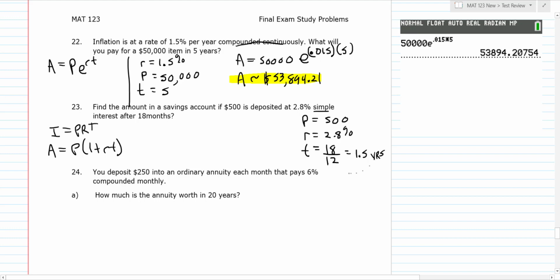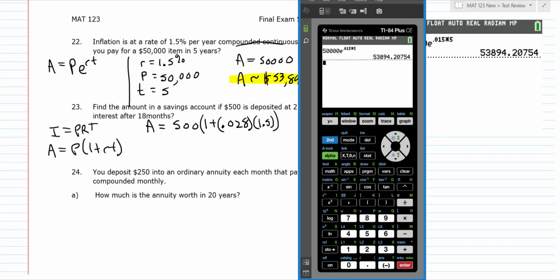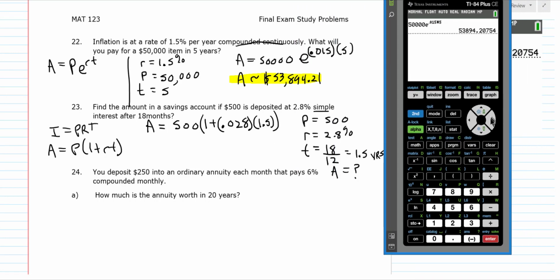Okay, we don't know what A is. So the best thing to do is to use this second formula. So we just plug in. We would have A is equal to the principal, 500, times 1 plus the interest rate, which is 0.028, times the time, which is 1.5 years. And again, you can do this pretty well in just one step on your calculator. More steps if it's helpful to you.